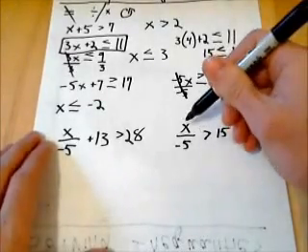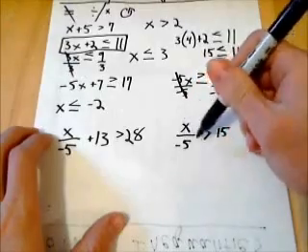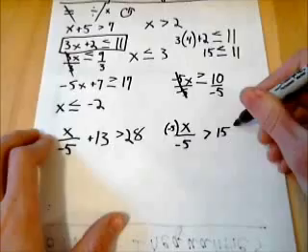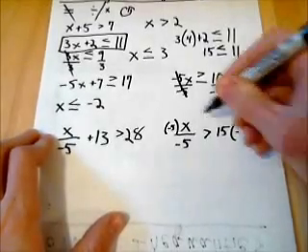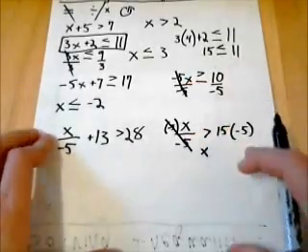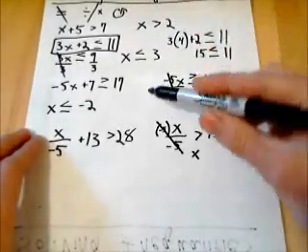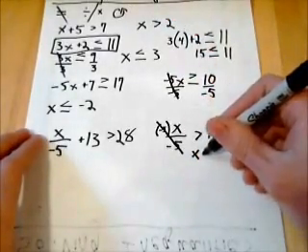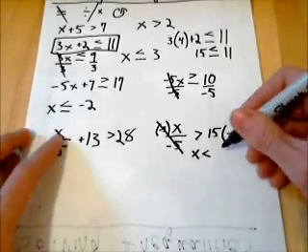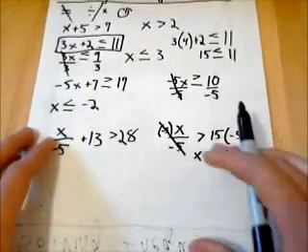Now we have x over negative 5 on the left side, so we have to multiply by negative 5 to get the x by itself. Times negative 5 on both sides, and our negative 5s cancel. Just as before, we've multiplied by a negative number, so we have to switch our sign around. 15 times negative 5 gives us negative 75. So x is less than negative 75.